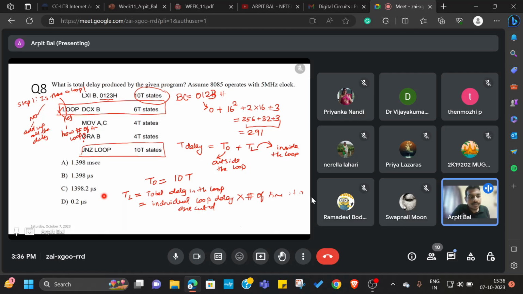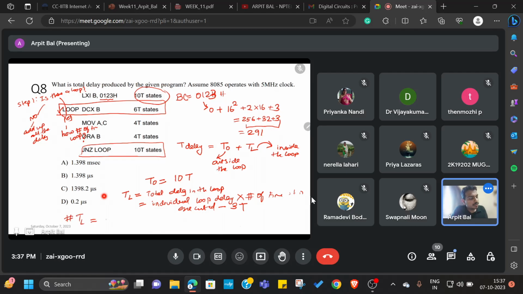But there is a catch here. The JNZ instruction takes 10T states each time it is executed, but in the last execution it takes only 7T states. To compensate for that error, let us write minus 3T at the end, to account for the terminal loop. So what will be the total number of T states for TL?